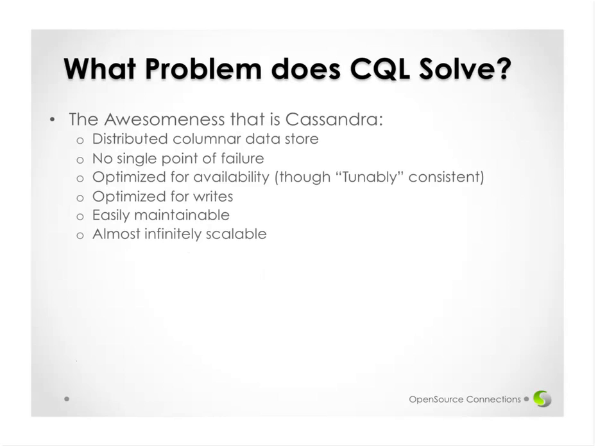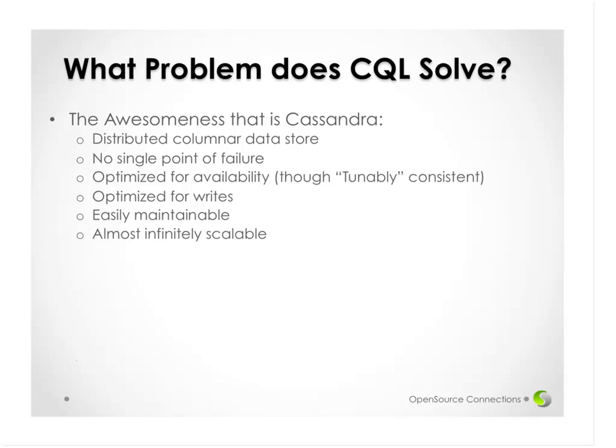All right, so let's talk about the problem that CQL solves. As we get into this, obviously you're all here because we know how awesome Cassandra is. So just a quick review. Cassandra is a distributed columnar data store. It has no single point of failure. Everyone knows about the CAP theorem. Cassandra is optimized for availability.